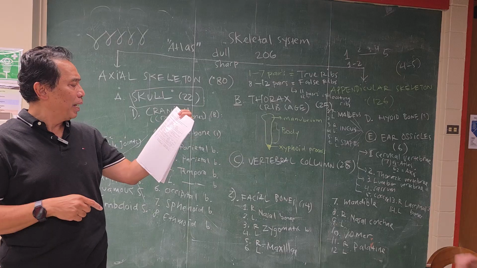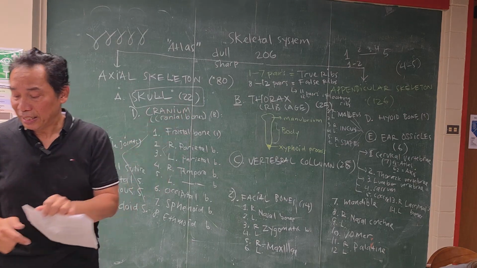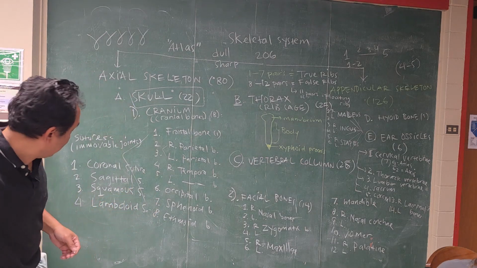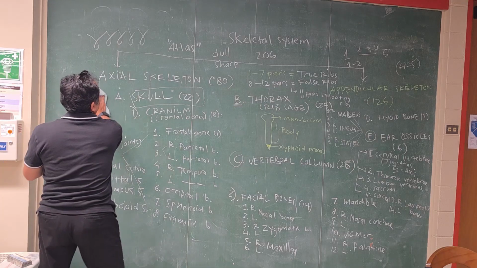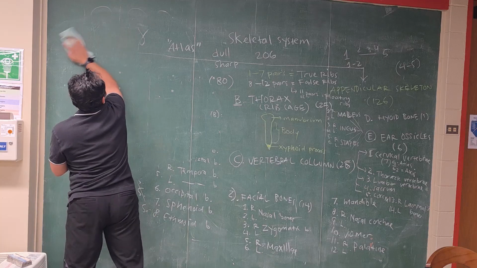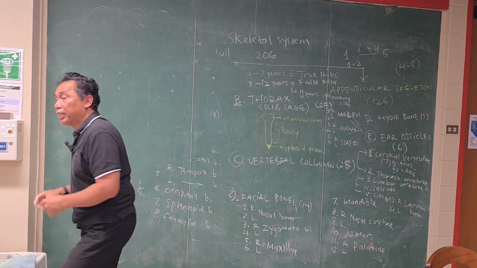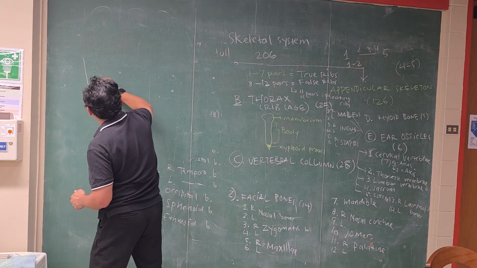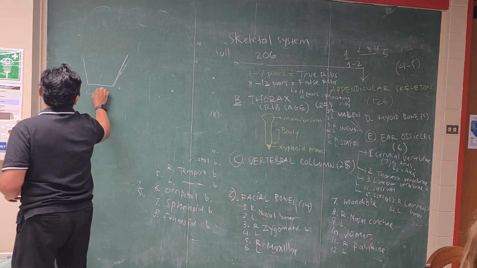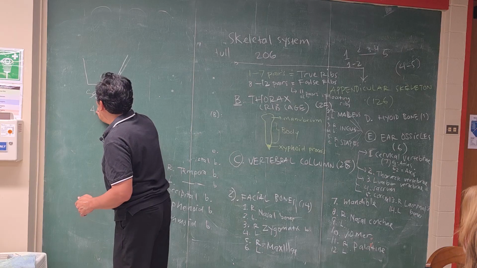Mental eminence. Mental eminence is the chin. Look at the chin. If the chin looks squarish, like a square, then give 4 or 5.